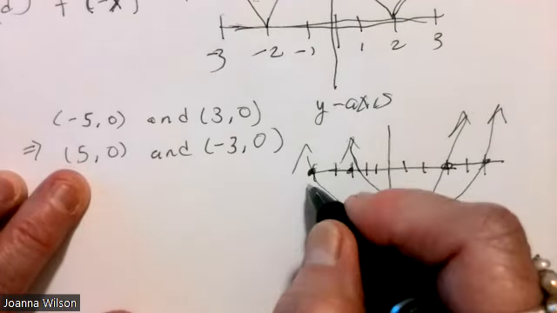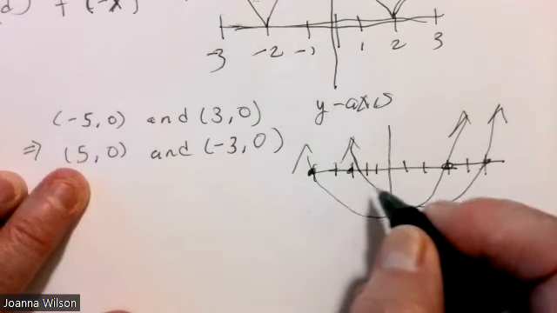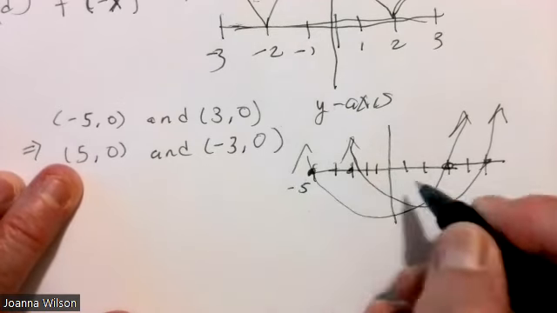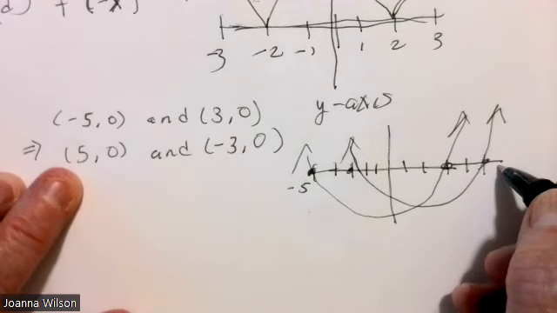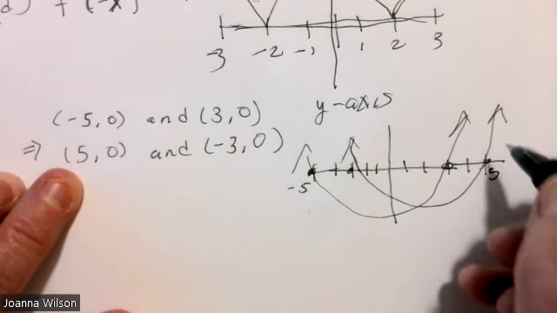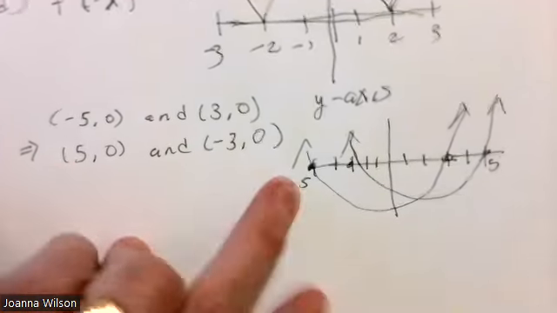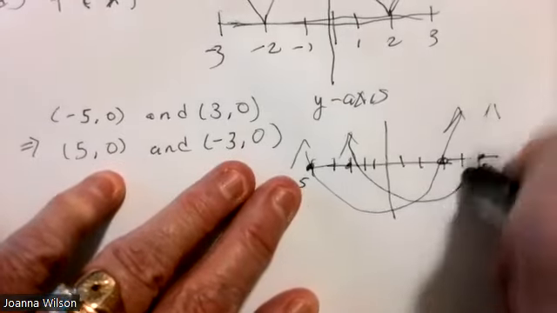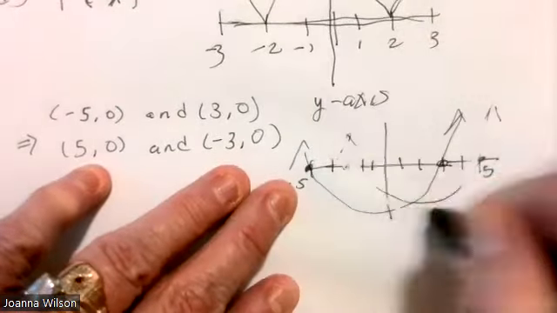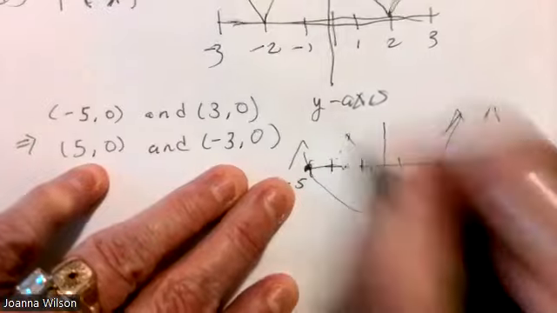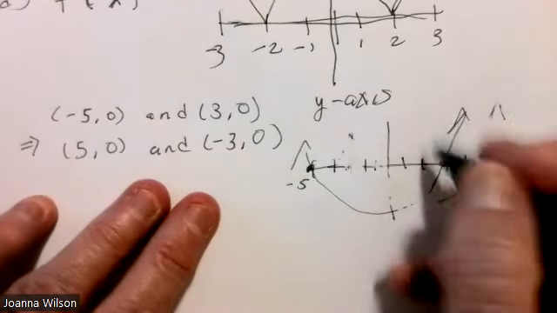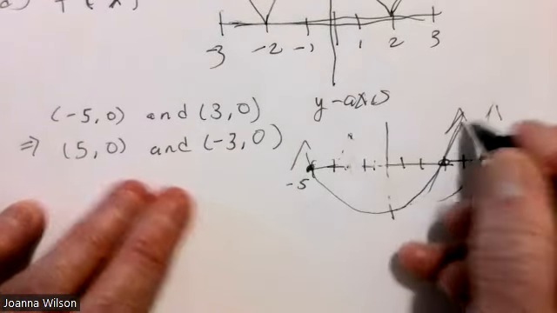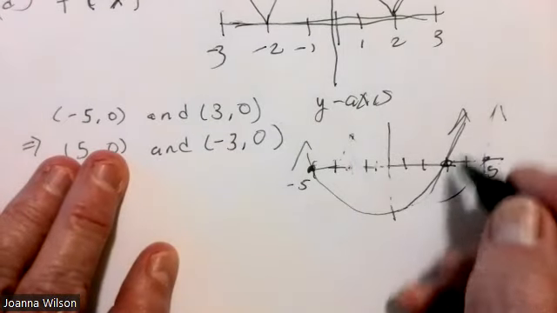Did I get that right? Let's see. This was -5, and then this is 5. Oops, I think I didn't draw it right. Let me draw it again. I don't want to get this wrong. I'm going to confuse you guys. So the old graph had intercepts (-5, 0) and (3, 0).